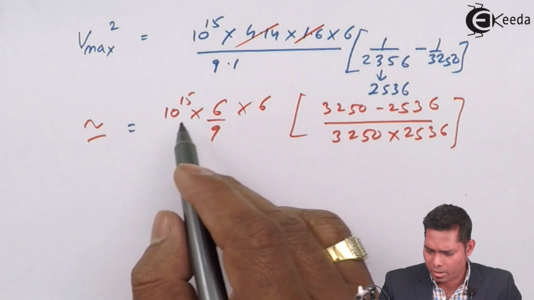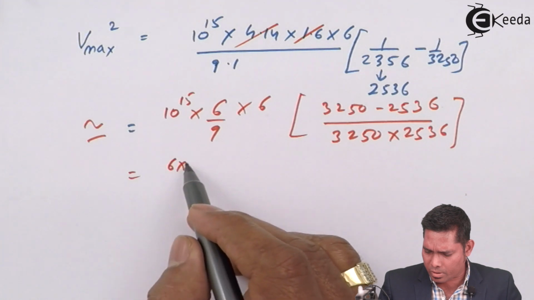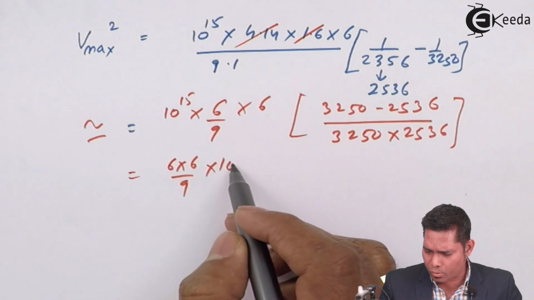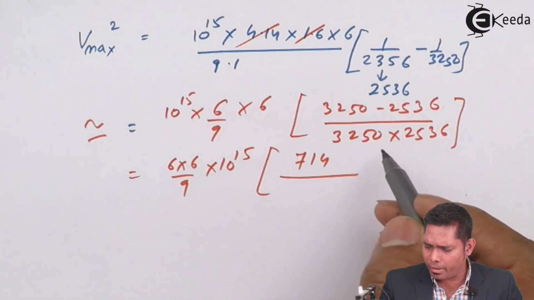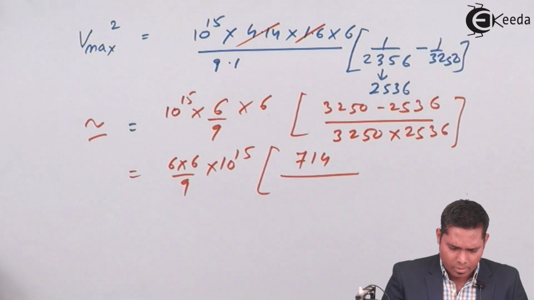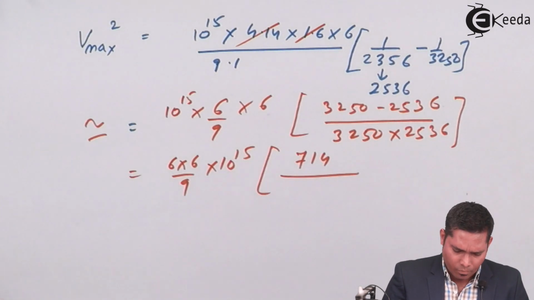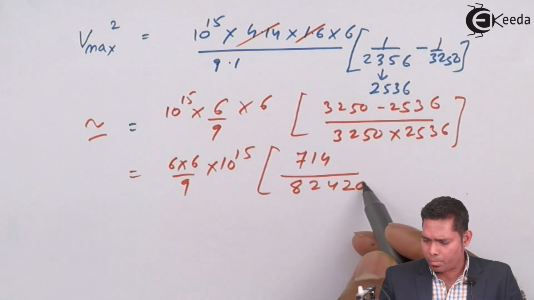So this is 6 by 9, 10 raised to 15, and this comes out to be 714 divided by the product. I'll take the product 3250 into 2536, that comes out to be 8242000.